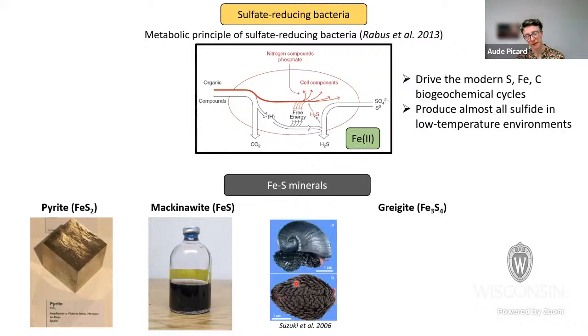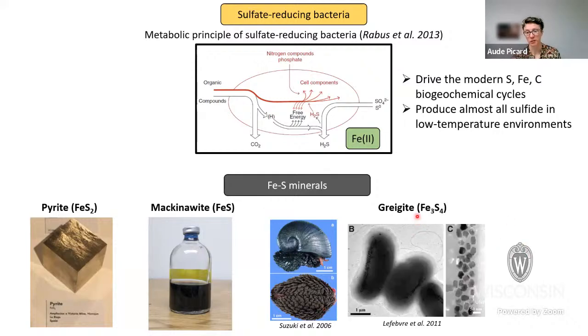For greigite, there are a few interesting examples. In living organisms, we have this deep-sea gastropod forming a scaly foot covered with greigite and sometimes also pyrite. You might have heard of magnetotactic bacteria, which produce magnetic minerals.